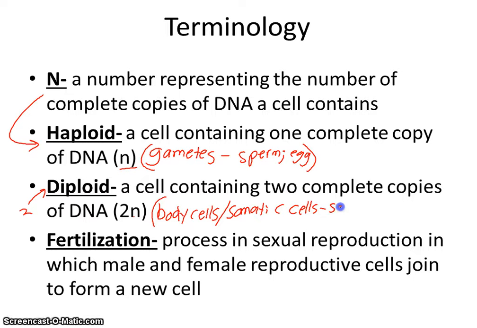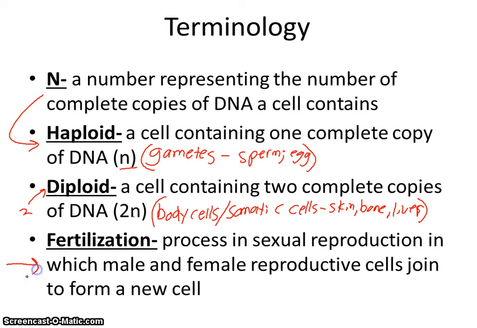And that would be like skin cells, bone cells, liver cells, the cells that make up your body. Those are your body cells. They have 2 complete copies. They got 1 copy from mom and 1 copy from dad. All right, so they're diploid. Haploid are the sperm and the egg. They carry that 1 copy from dad. They carry that 1 copy from mom to make that new creature.